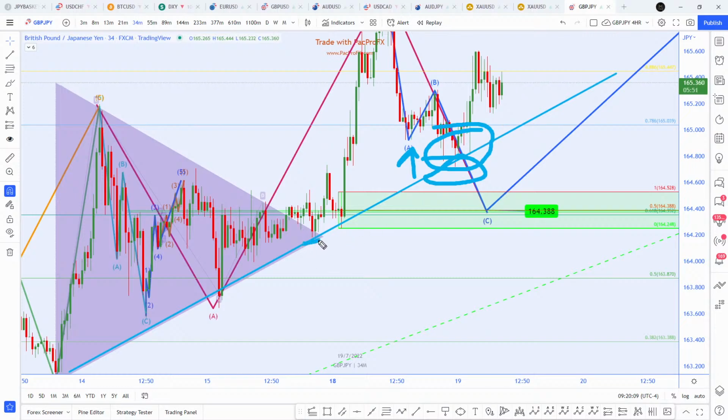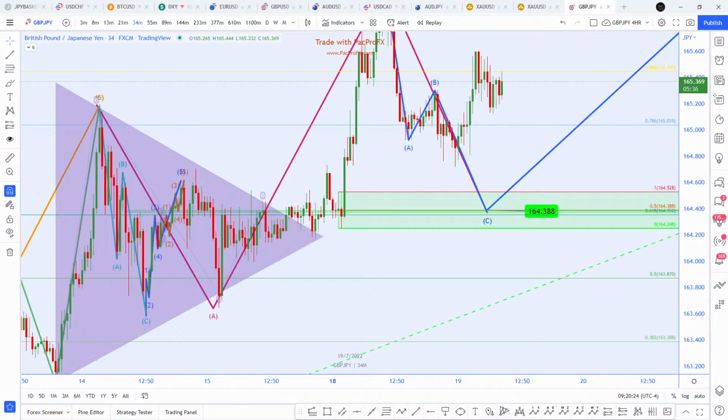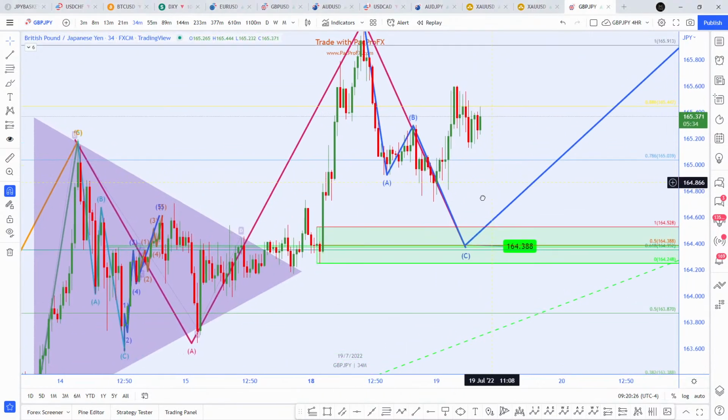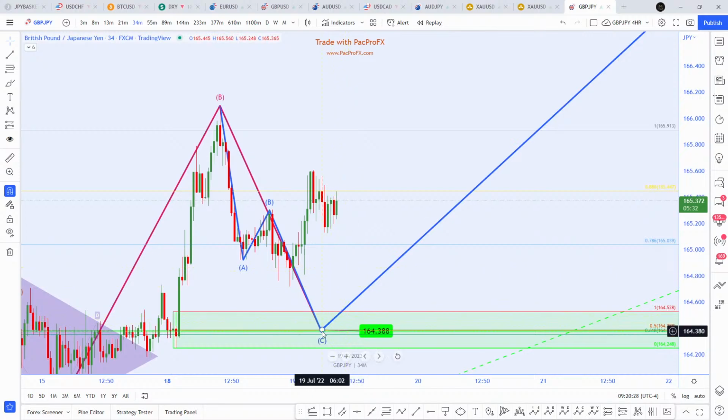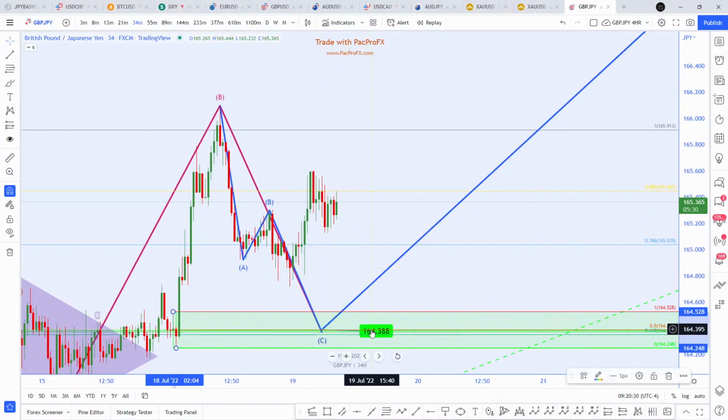It created a higher low, and now it's on its way up. So that tells me that the yen basket's probably going to go lower, as what we just described. So this may have been done already.